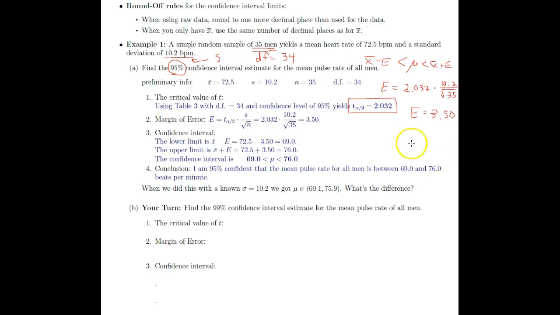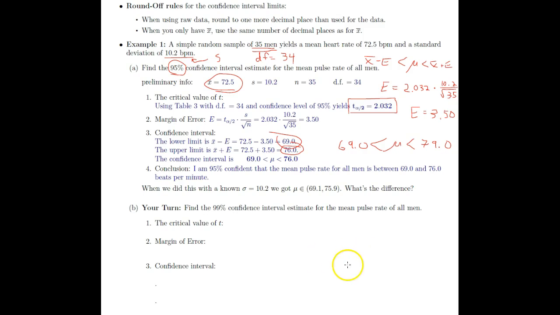Okay, and then I'll let this example take it away. We're going to do x bar minus your error, x bar plus your error. So it's going to be 72.5 minus 3.5 and 72.5 plus 3.5. And that'll give you 69.0 and 76.0. So we get a confidence interval of 69.0 and 76.0.